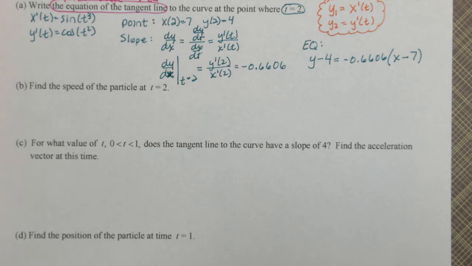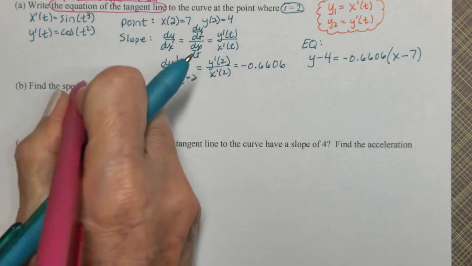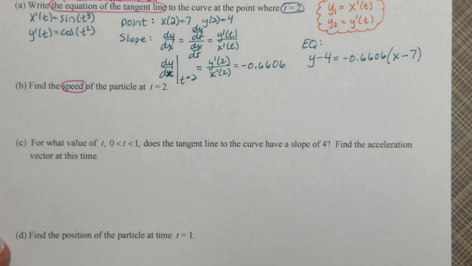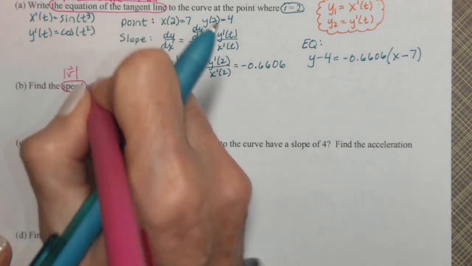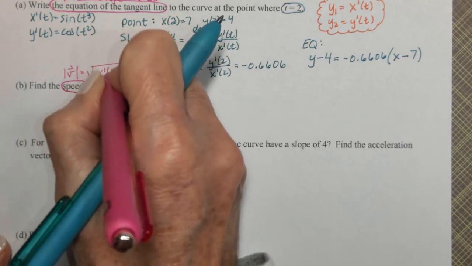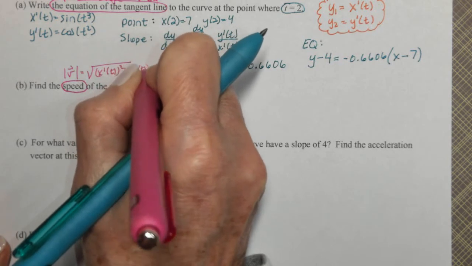Next up, find the speed of the particle at time 2. Well, speed is the magnitude of the velocity vector, which is the square root of x prime squared plus y prime squared.